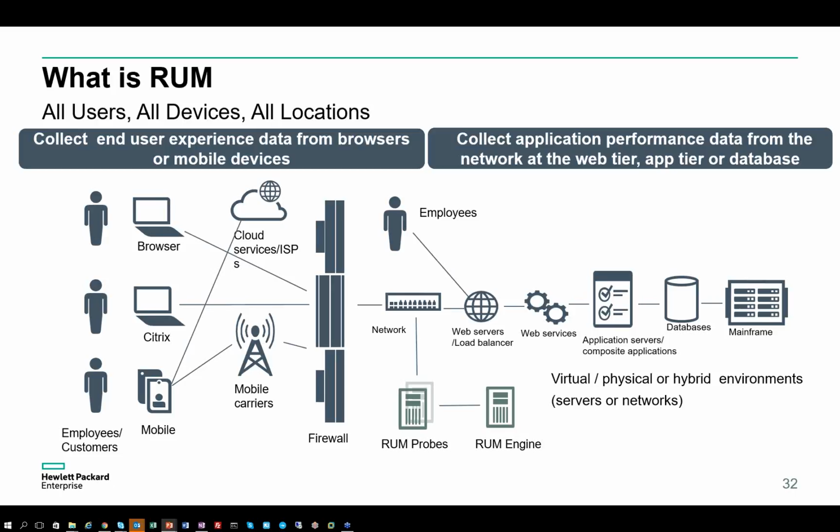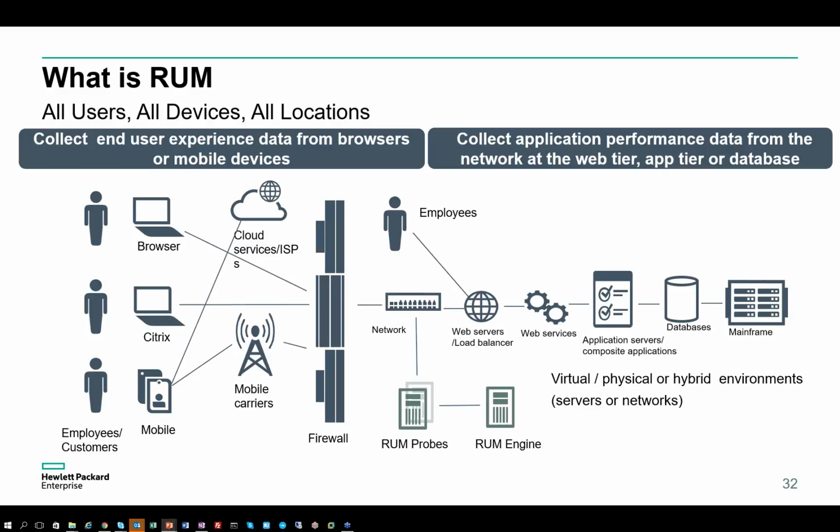The other thing I want to mention is that because the RUM probe collects data from the network, again virtual or physical, it collects data not only from the incoming requests of the users, but it can also collect data that travels on the network between applications, so the data that goes between the web server and the application server, between the application server and the databases.